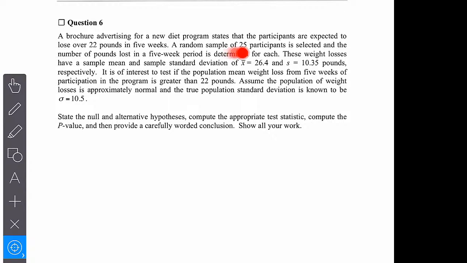A random sample of 25 participants is selected, and the number of pounds lost in a 5-week period is determined for each. These weight losses have a sample mean and sample standard deviation of these pounds. It is of interest to test if the population mean weight loss from 5 weeks of participation in the program is greater than 22 pounds.